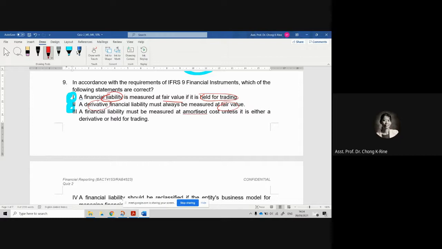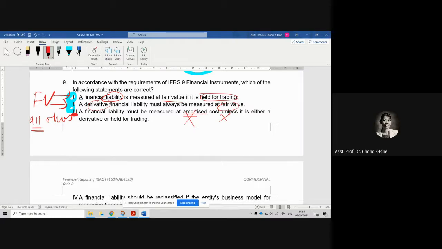Number 3, a financial liability must be measured at amortized cost unless it is either a derivative or held for trading. The question is trying to say, this one and this one, we use fair value. All others, we use amortized cost. Wrong. I understand. For me, I would also choose this wrong answer if I were a student last time.